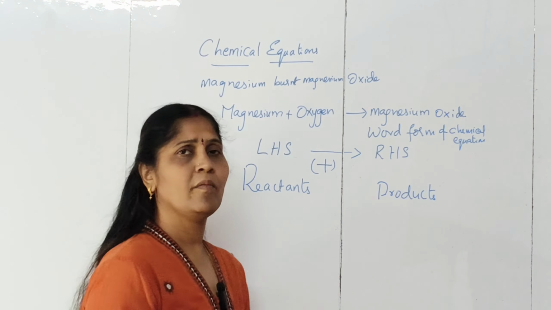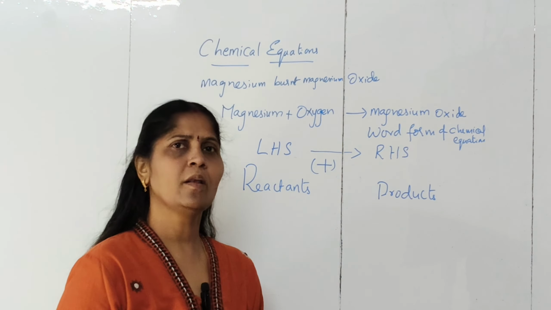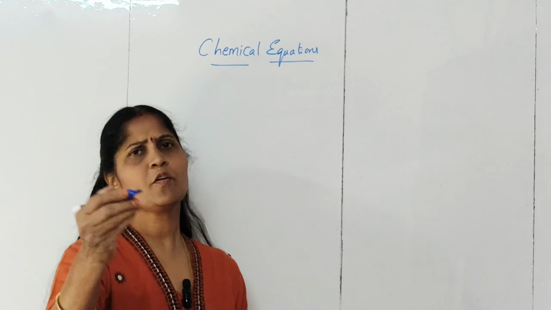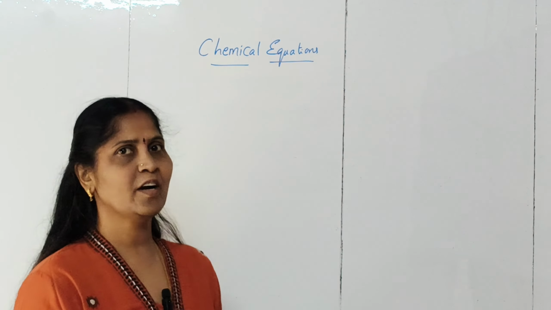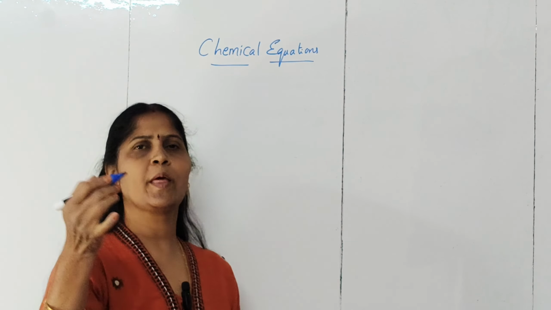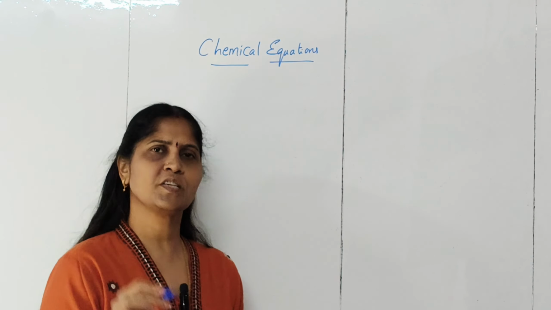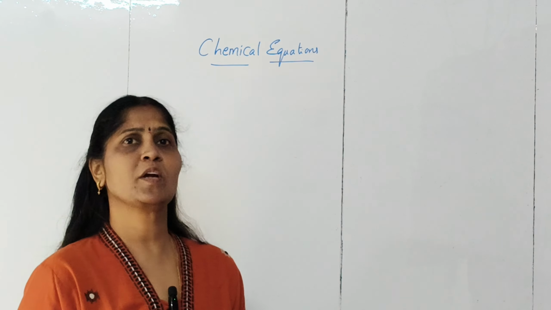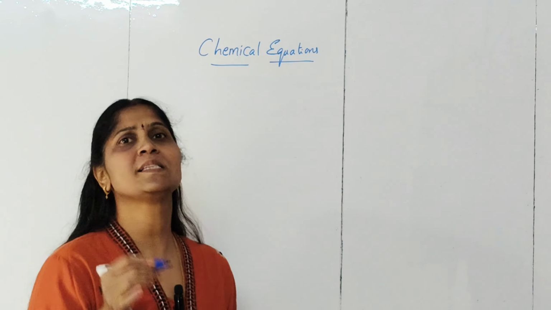This is how, in a simple way, you can depict the equation in word form. But instead of word form, you can also depict it in an easier form, which is the actual form of the chemical equation, using symbols and formulas.